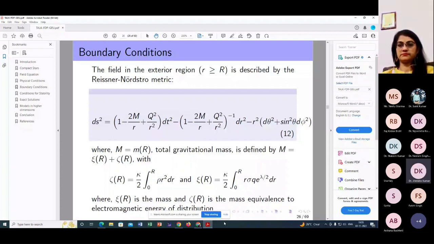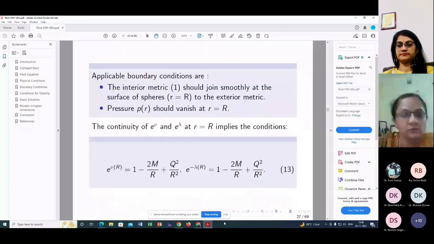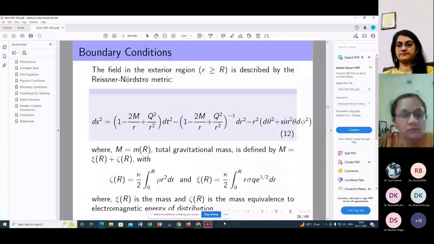Zeta of r is defined by kappa by 2 integration 0 to r of rho r squared dr, and xi of r is defined by kappa by 2 integration 0 to r of r into sigma q into e raised to lambda by 2 dr. So q is a function of small r and lambda is also a function of r, where xi of r is the mass and zeta of r is the mass equivalent to the electromagnetic energy distribution.